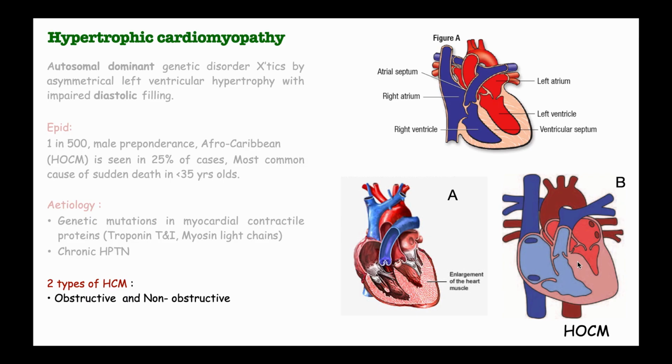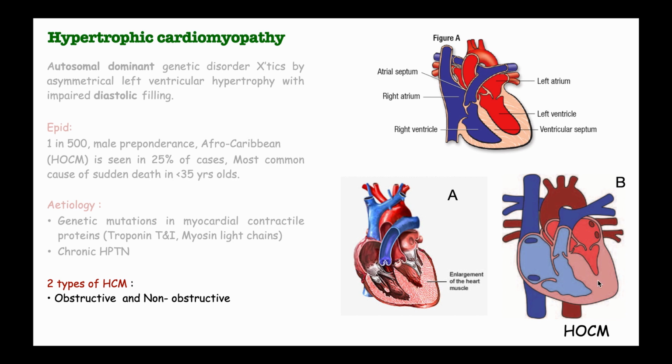Now, why does this happen? This happens for two main reasons. Now, when there is contraction, or during systole, the hypertrophied septum flattens out to become broad during contraction, thereby blocking the entrance of the aorta.